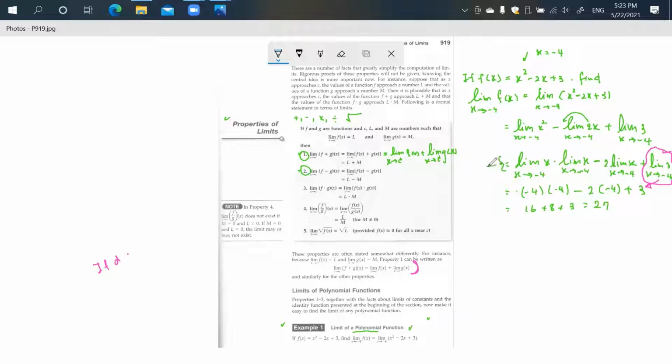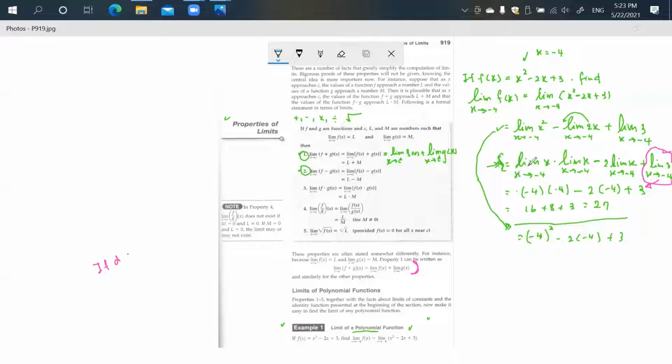You just simplify on this one, right? Become -4 right away, instead of writing that step. So it becomes 2 times -4 and plus 3. So you can skip this step. It's okay once you understand the meaning and the idea of how to write it down.